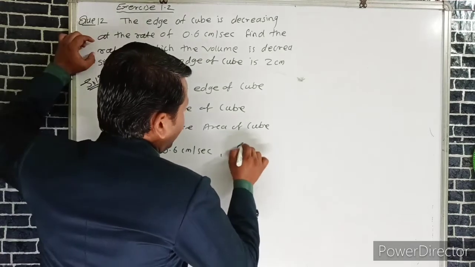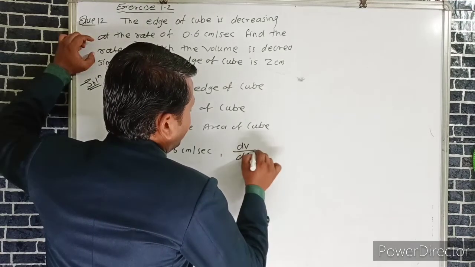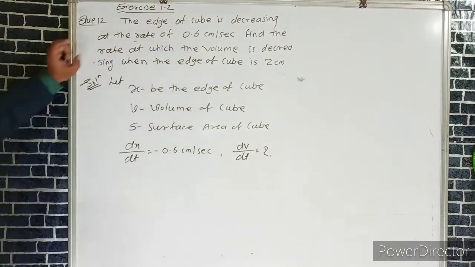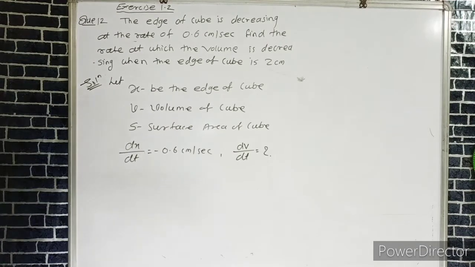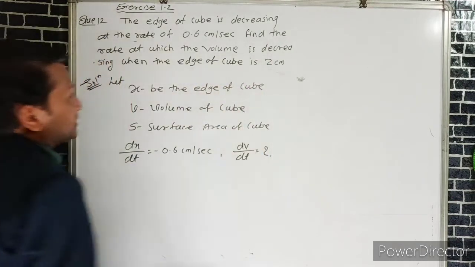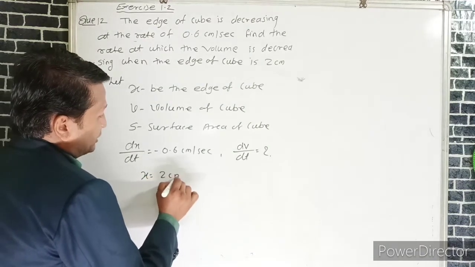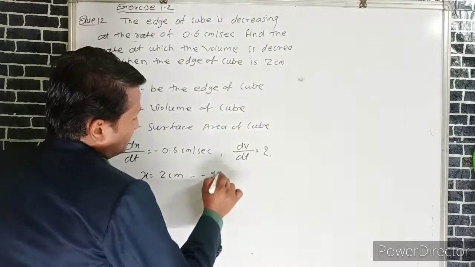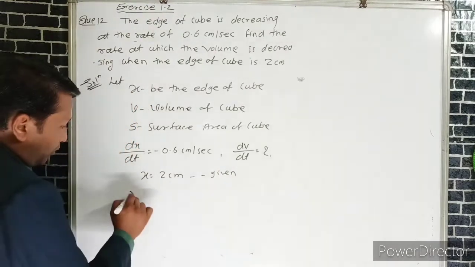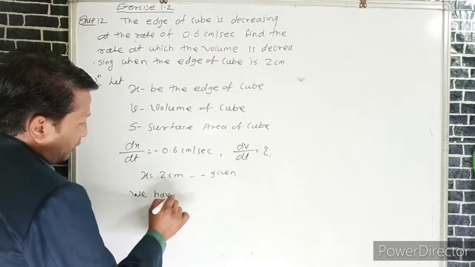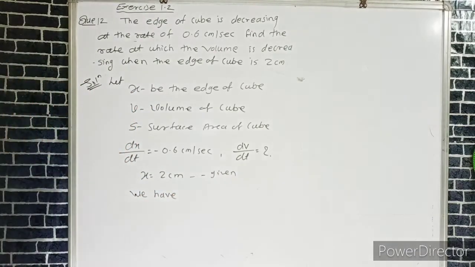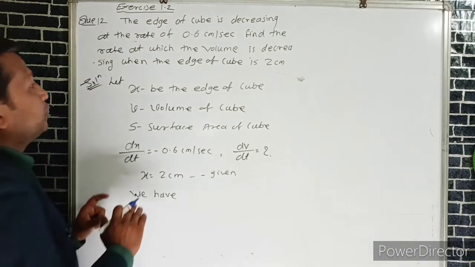We have to find dV upon dt, the rate of change of volume, when the edge of the cube is 2 centimeter, means when x is equal to 2 centimeter, which is the given part. So we have the volume of the cube is the cube of its edge.